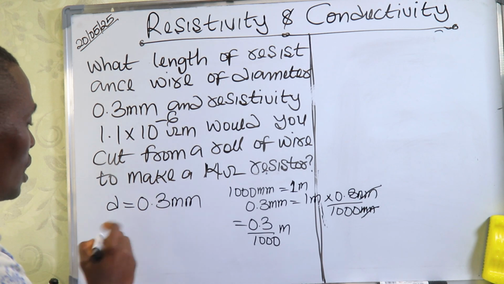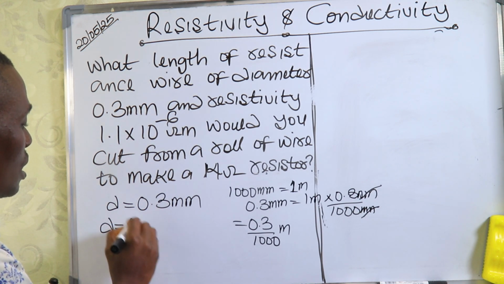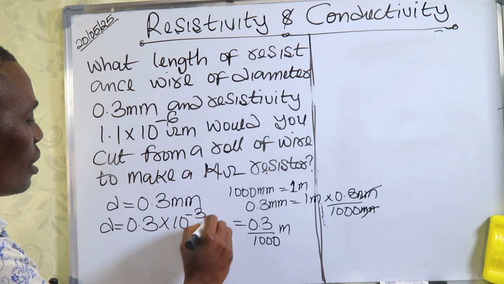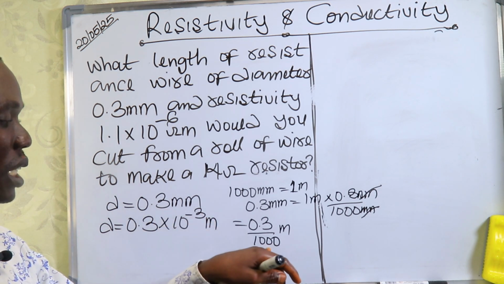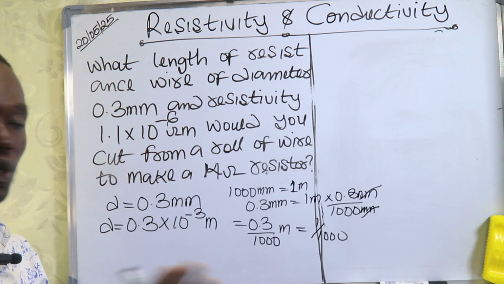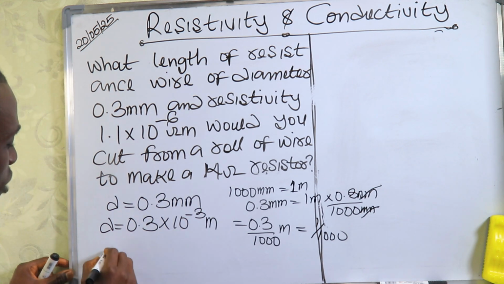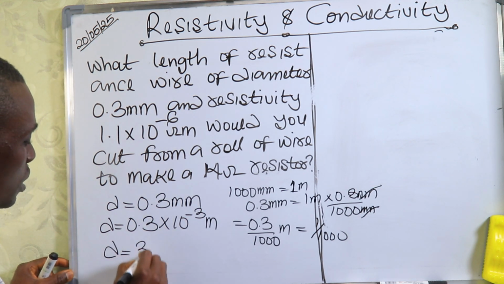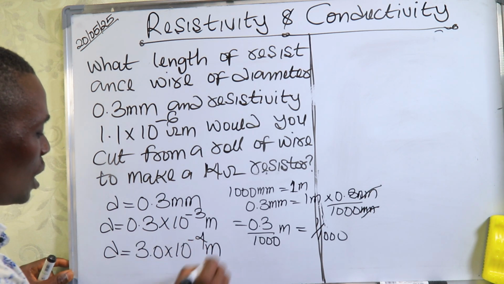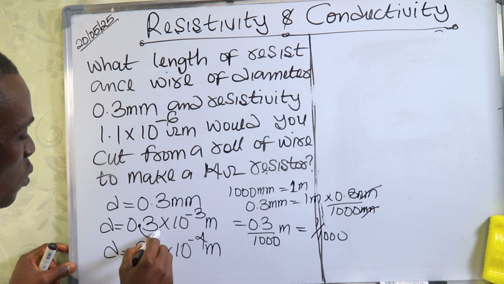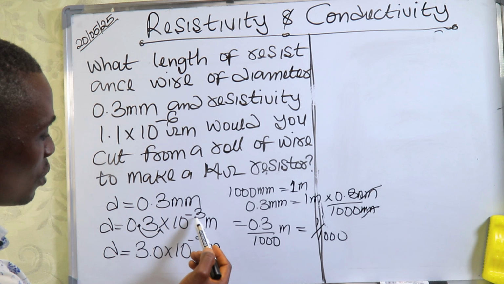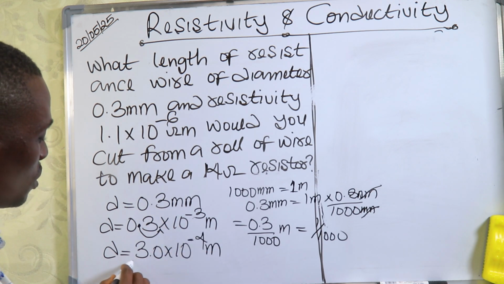So the diameter gives us 0.3 times 10 to the power of minus 3 meter, because 10 to the power of minus 3 is just like 1 divided by 1000. If we simplify this, our D is equal to 3.0 times 10 to the power of minus 4 meter. So D is this.